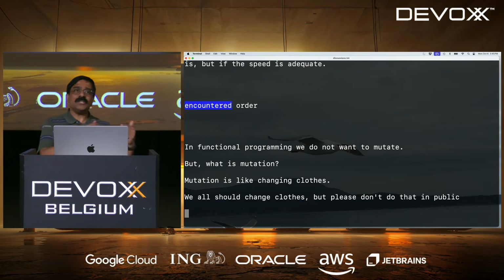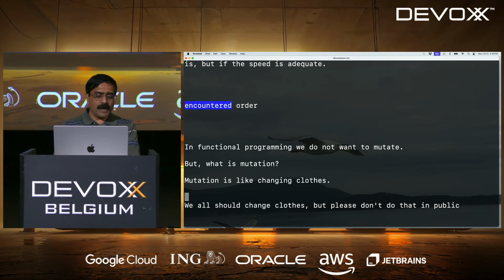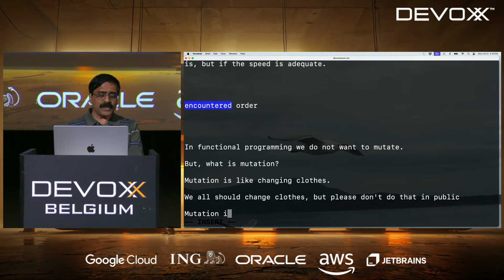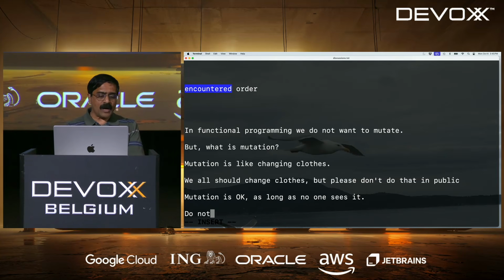So that is it. Mutation is okay, right? So essentially, mutation is okay as long as no one sees it. So that is the key. In other words, do not make mutation visible outside your functional pipeline. So that is what we really mean.